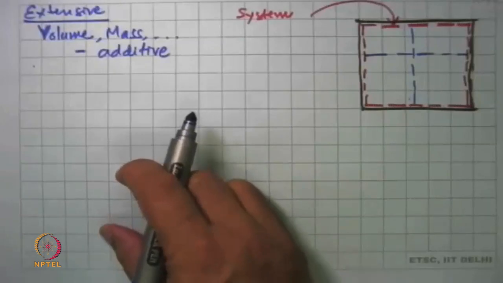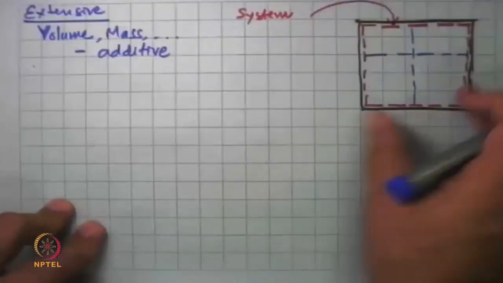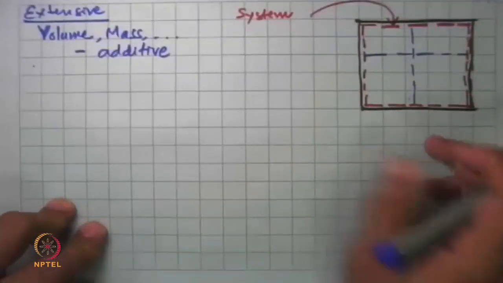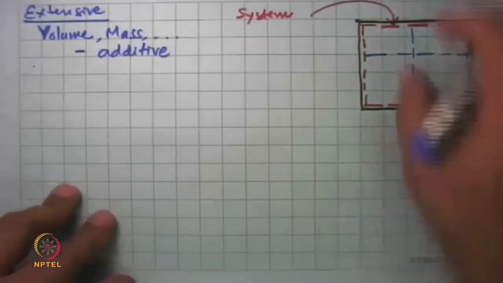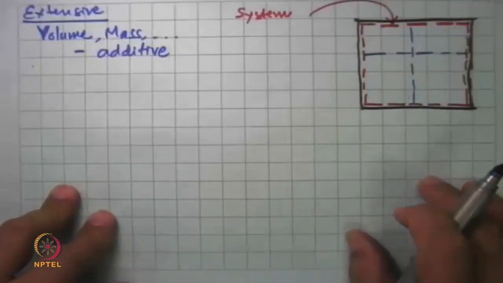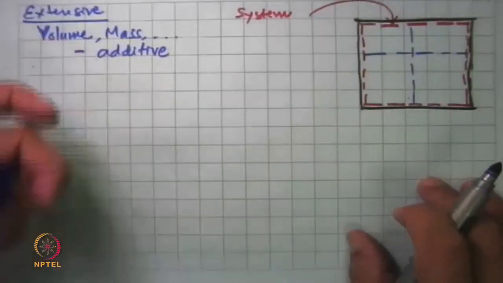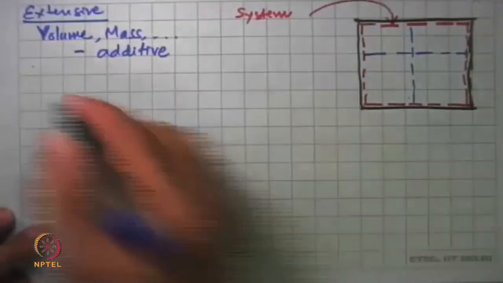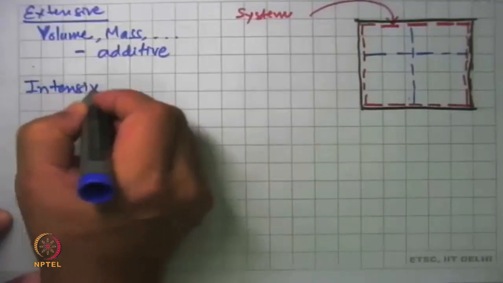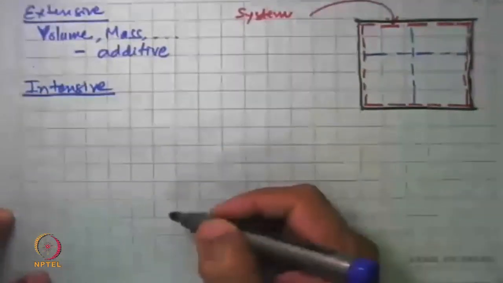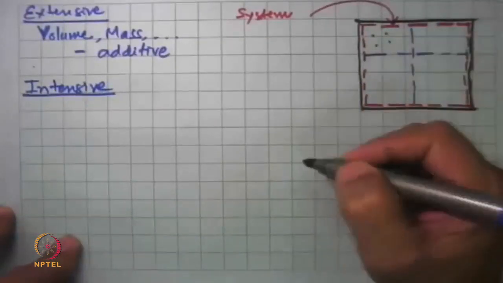And many an analysis is much easier to do. We say, look, I have one system today which has got a certain volume. Tomorrow I'm going to make another system which is much bigger than this. How can I take the result of the smaller one to the bigger one? An extensive analysis doesn't help us to do that. And that's the main reason we then go to the intensive property and say, look, can I make a property which is independent of the size of the system that I take?